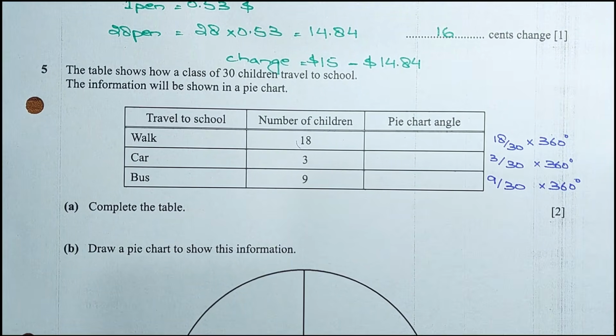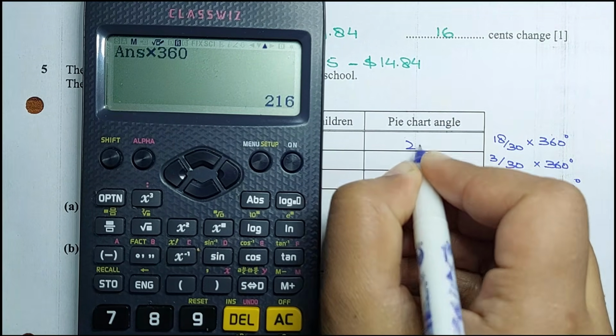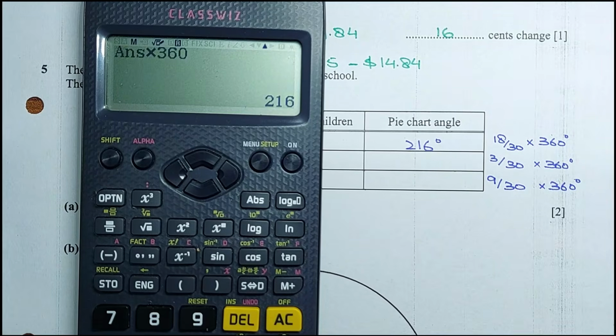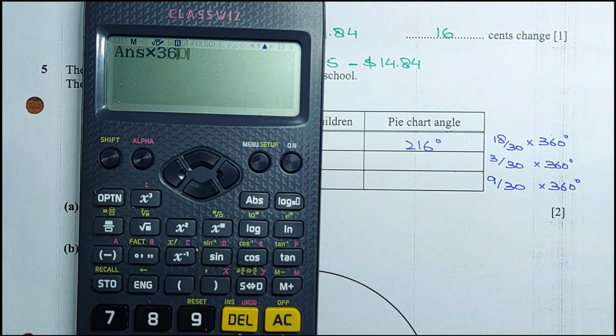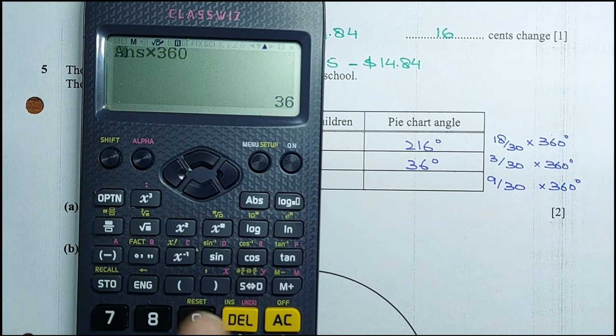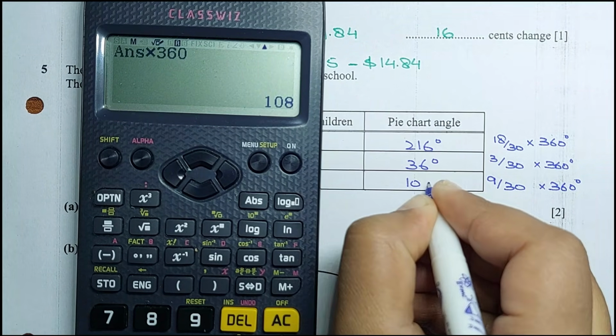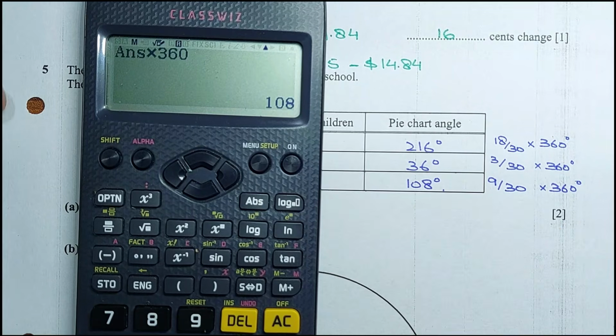This way you will get the pie chart angles. 18 over 30 times 360 is 216 degrees. 3 over 30 times 360 is 36 degrees. And 9 over 30 times 360 is 108 degrees.